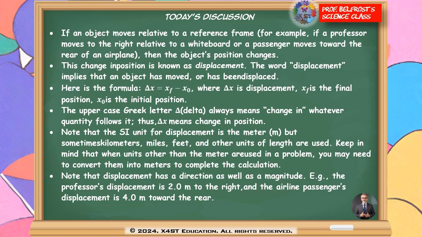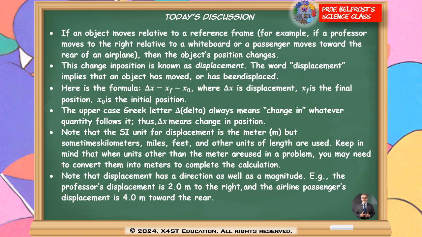And the formula is quite simple. Delta x equals x_f minus x_0. Anything that comes with delta means change. x is just position, actually position on the x-axis. You are actually free to take any other letter.